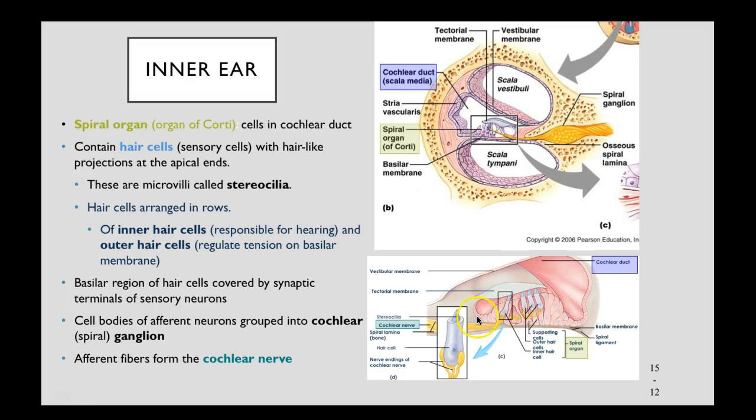As that sensory information is being transmitted to our cochlear nerve, they are going to have their cell bodies within this cochlear or spiral ganglion and then continue on their merry way to form the cochlear nerve.